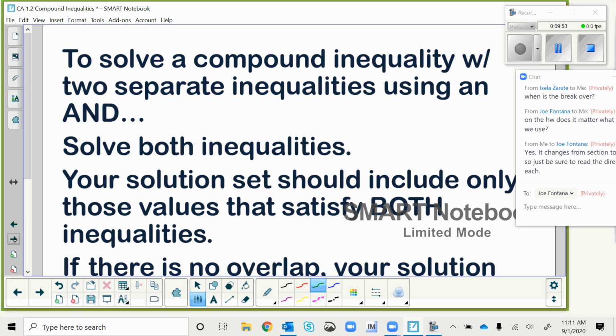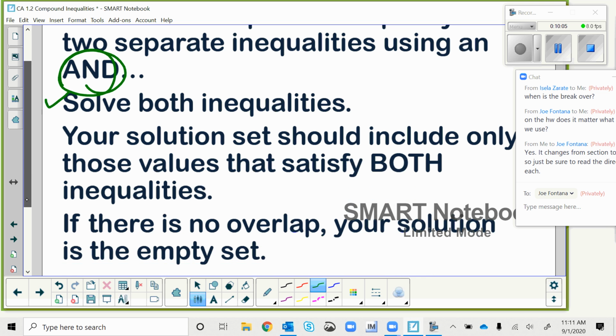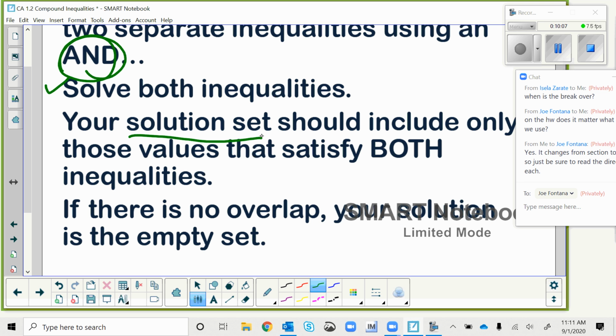So this is the bottom left of your notes. To solve a compound inequality with 2 separate inequalities using and, you still solve both of them. But your solution set, and by solution set, I mean the shaded number line that we're working on, should include only those values that satisfy both.